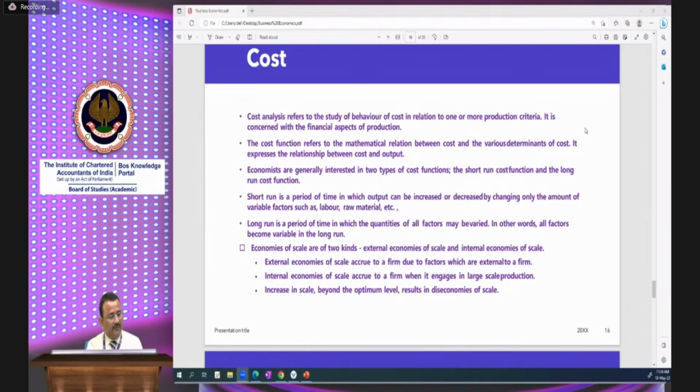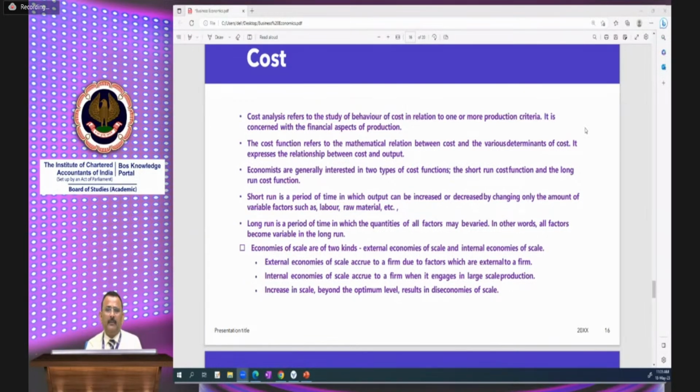So try to read properly the different types of cost given in your study material and try to remember the distinctions between them. Then if you have to calculate average total cost, how will you calculate that? You need to remember it.